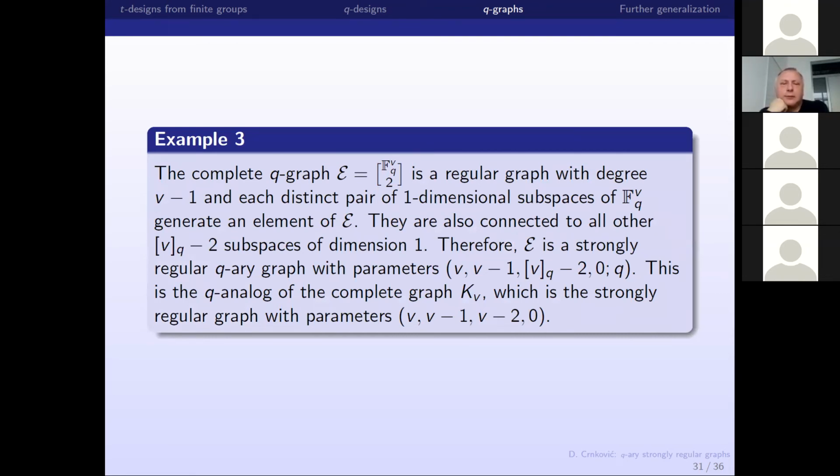The next thing that we were interested in: when we define an ordinary strongly regular graph, the complete graph is strongly regular. So we were thinking that in this case also the complete graph should be strongly regular. If we take all two subspaces, then it should also be a q-ary strongly regular graph.